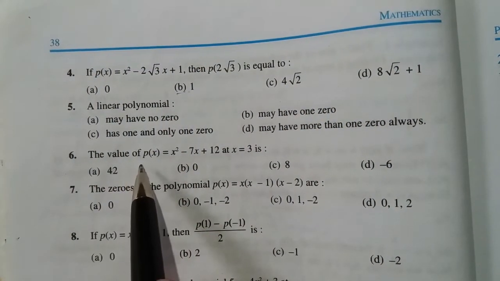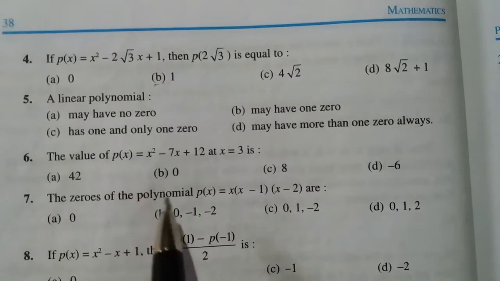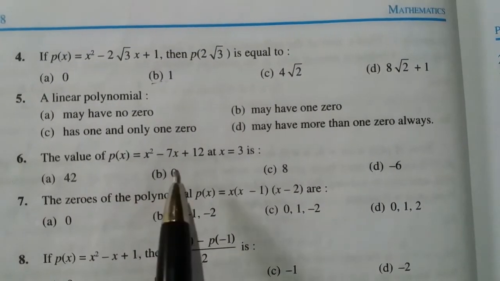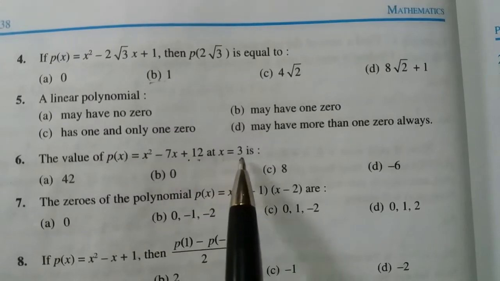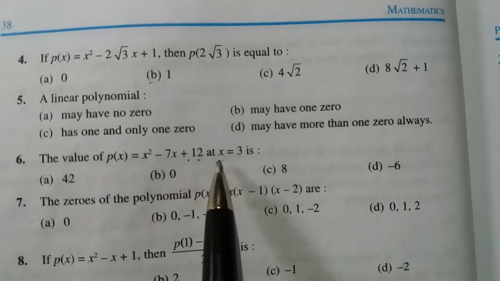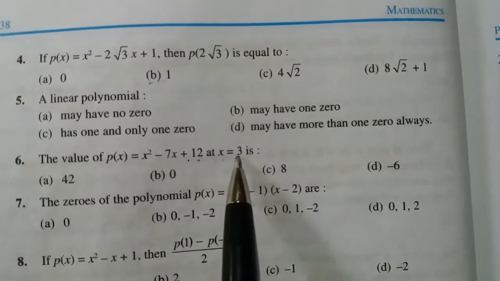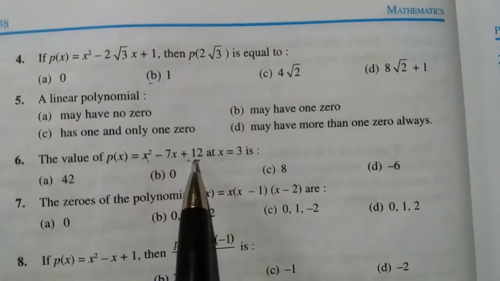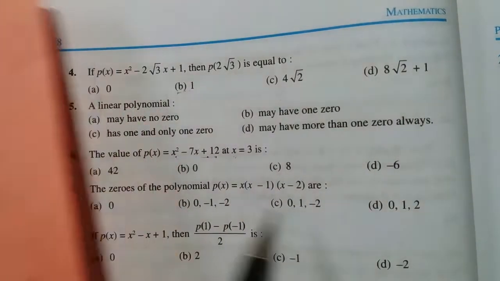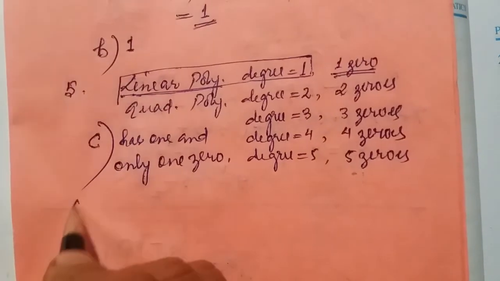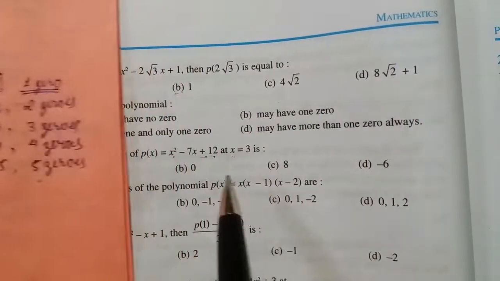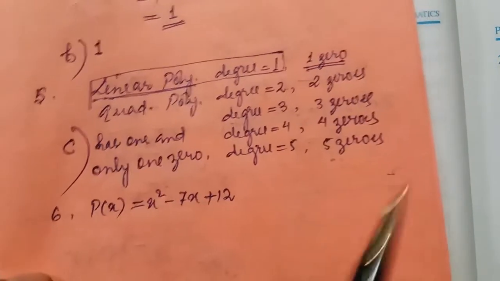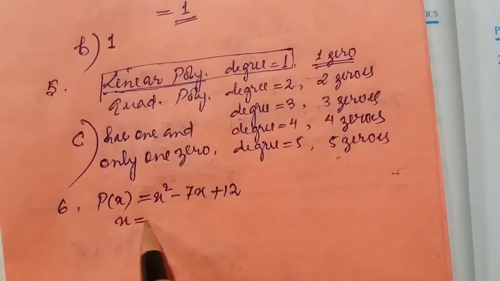The value of p(x) equal to x square minus 7x plus 12 at x equal to 3 is. Now let's substitute the value of x equal to 3. This is the given polynomial, and we're going to substitute the value of x as 3.